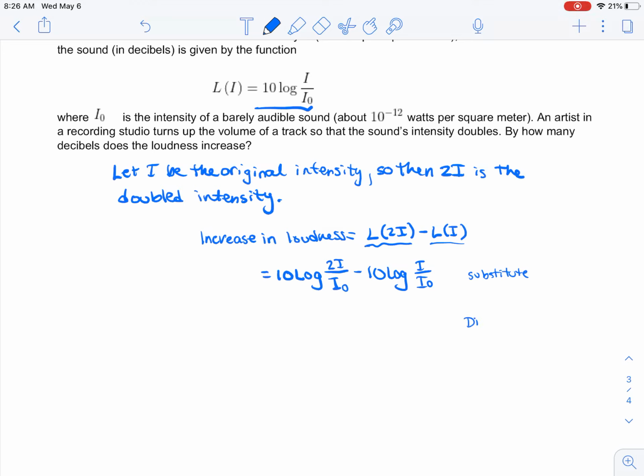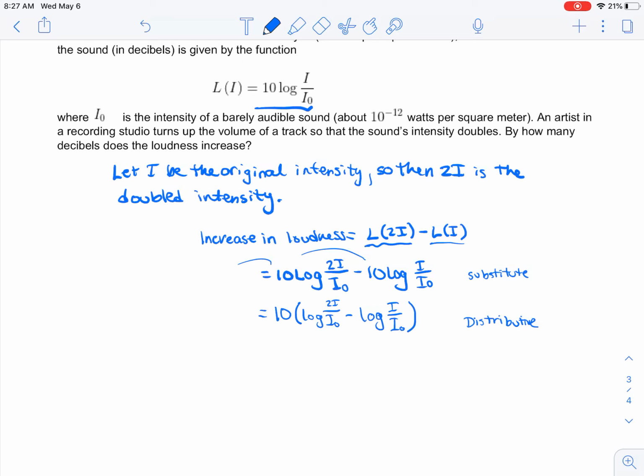Let's go ahead and actually first use the distributive property. Remember, the distributive property, you can go backwards with it. So this 10 we could pull out, right, because they both have a 10 attached to them. So I could write this as 10 times log 2I over I naught minus log I over I naught. If you're not sure about that move, think if you multiply this 10 back in, you get back to that original one.